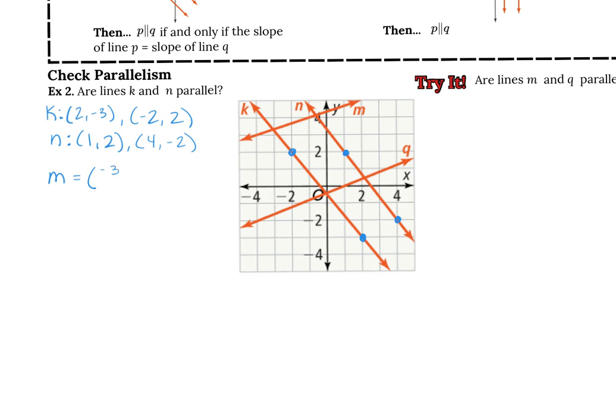Again, you're just using the slope formula to check this. That's one of our slopes. Check the second slope.